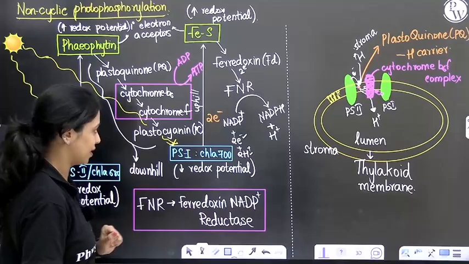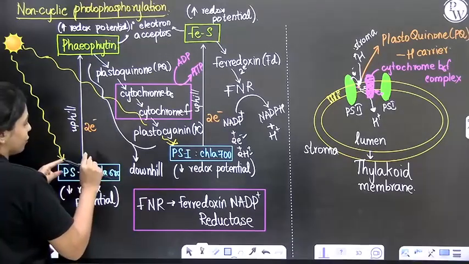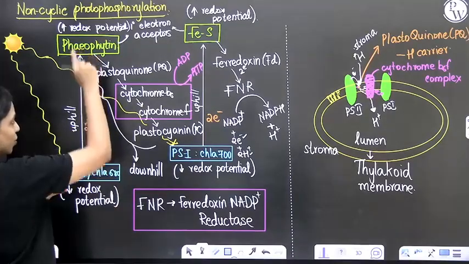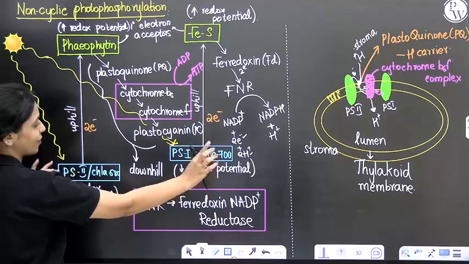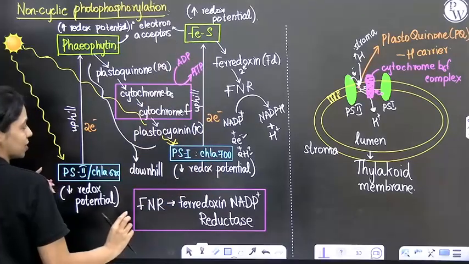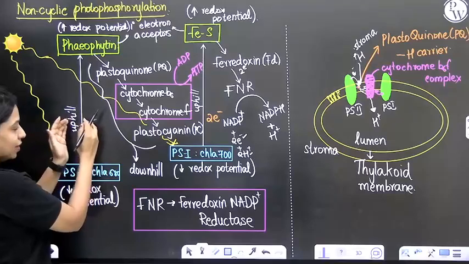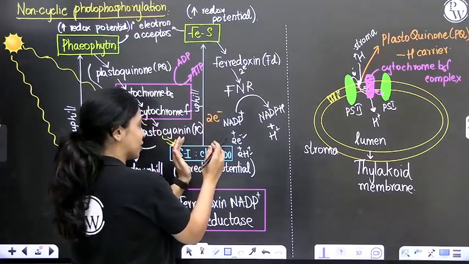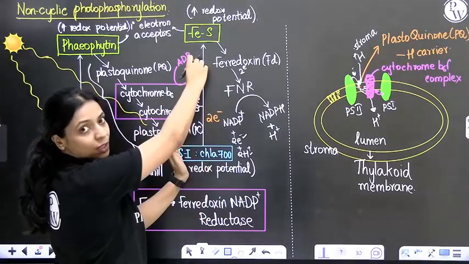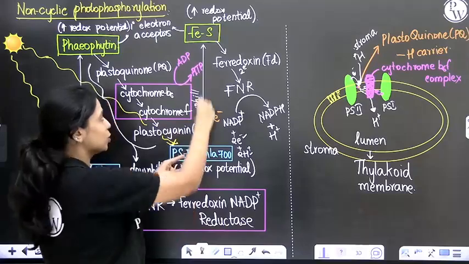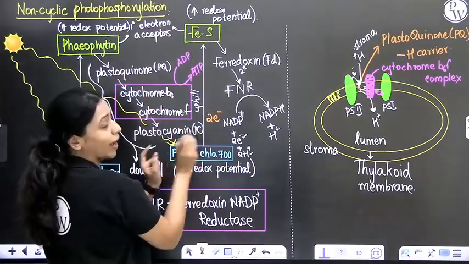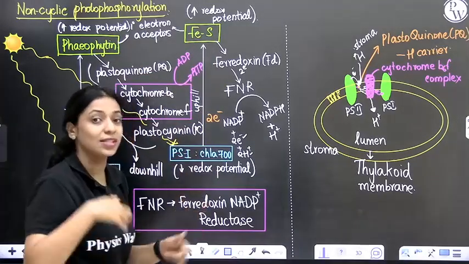So if you notice here, chlorophyll A 680 lost 2 electrons. Chlorophyll A 700 also lost 2 electrons. The electrons that were lost from chlorophyll A 680 were used to replace the electrons that were lost from chlorophyll A 700. This lost 2, it got back 2. Photosynthesis must happen continuously.